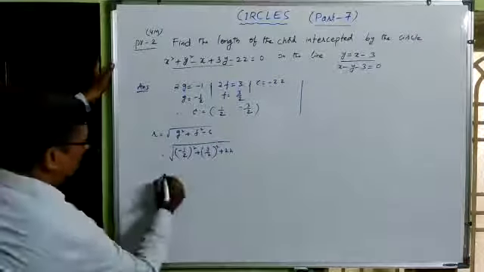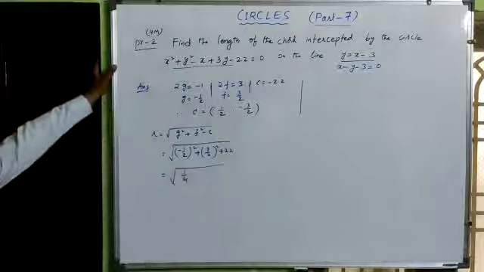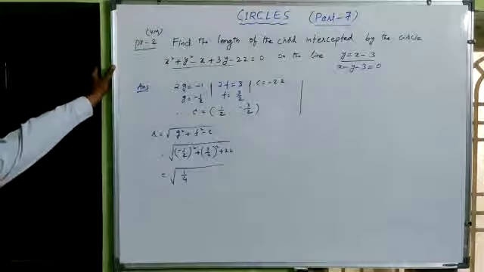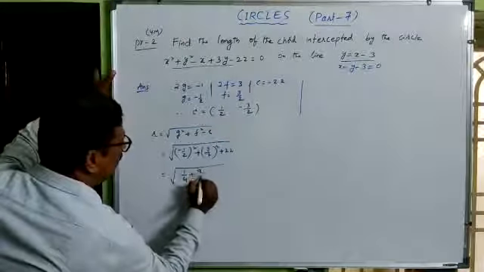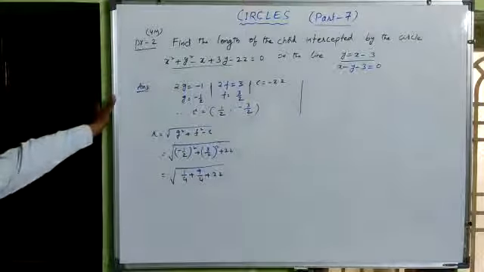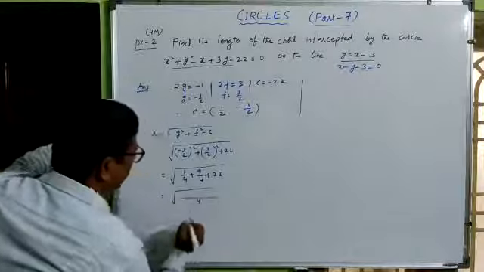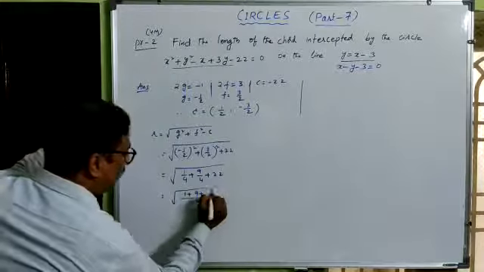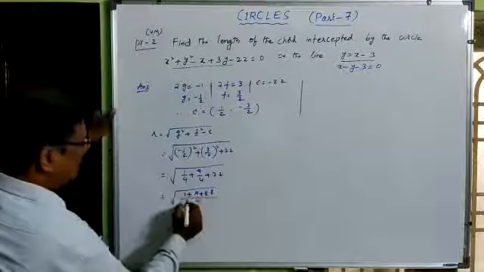Minus 1 by 2 whole square is 1 by 4, plus 3 by 2 whole square is 9 by 4, plus 22. Now if you take the LCM, 4 is the LCM: 1 plus 9 plus 4 twos are 8, 4 twos are 8. So this is 9 plus 10.